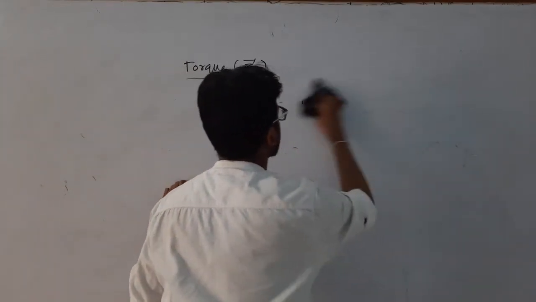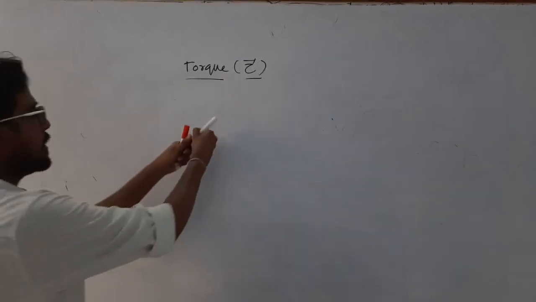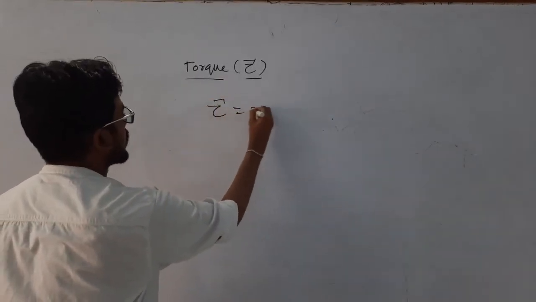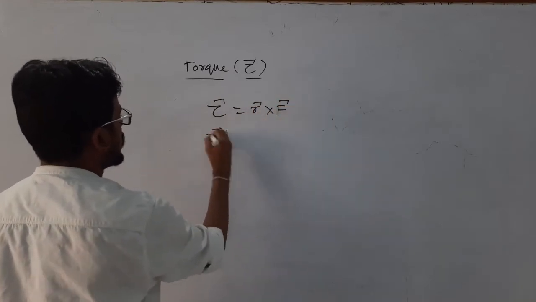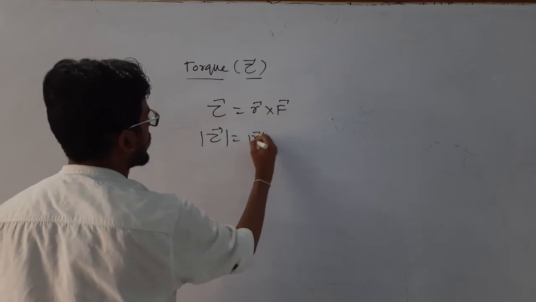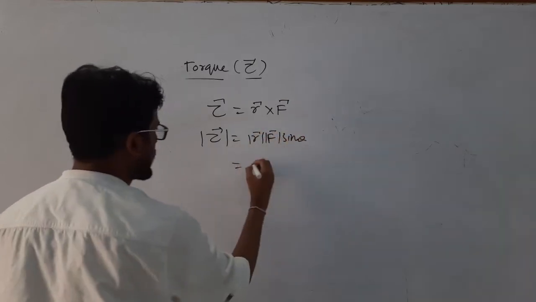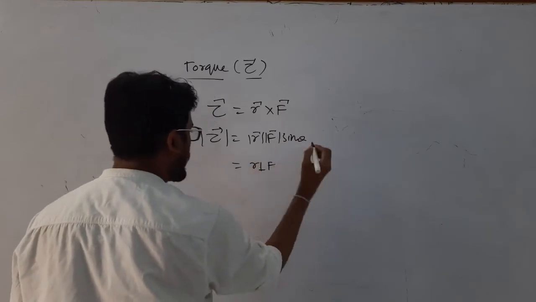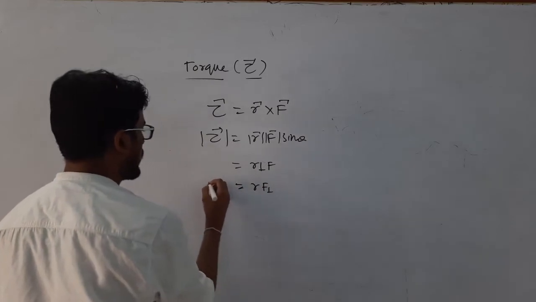Clear? So torque is a vector quantity. In vector form, we can write tau vector equal to r cross f, or in magnitude tau mod equal to r mod f mod sin theta, or this can be written as r perpendicular into f, or we can also write it as r into f perpendicular.